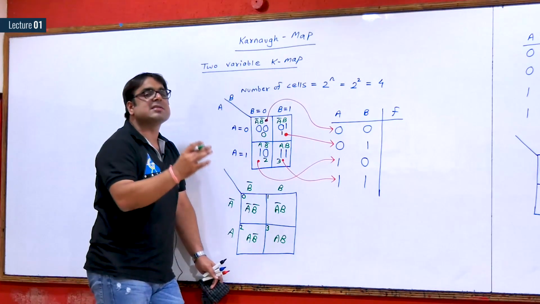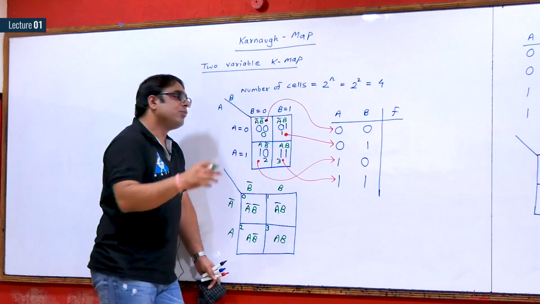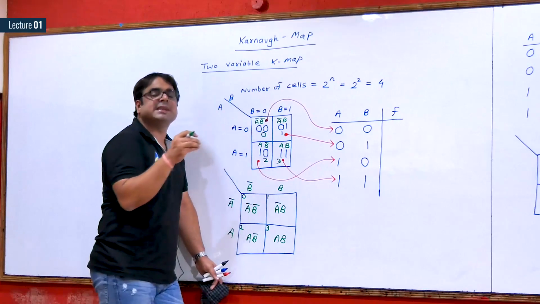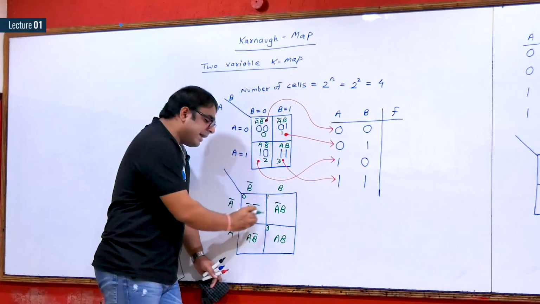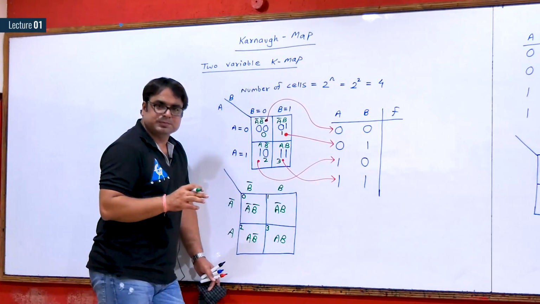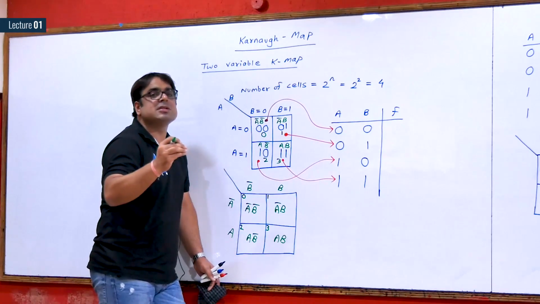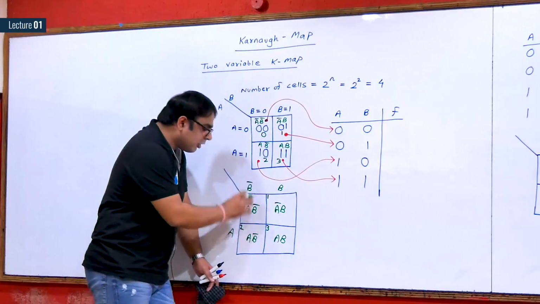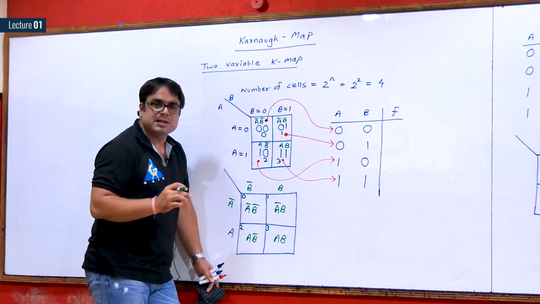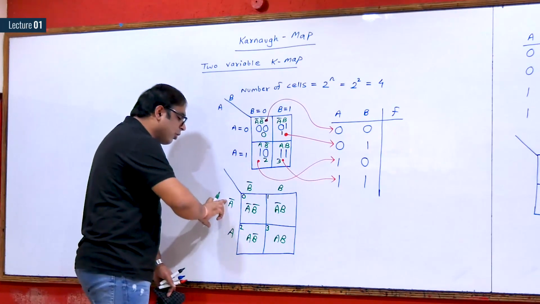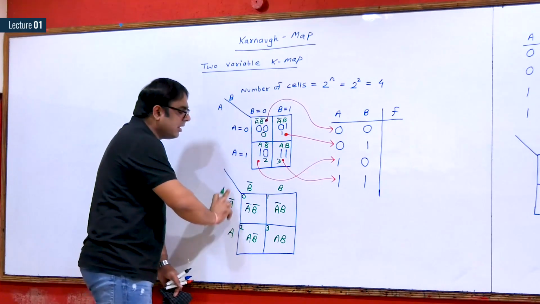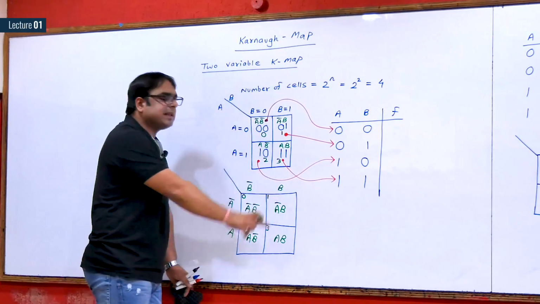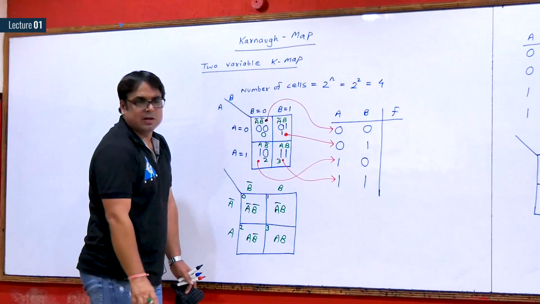We are just discussing the basic structure: what each cell represents, how to provide the cell numbers. SOP means product terms. Product terms means a dot between the variables. Variables can be either complement or normal.